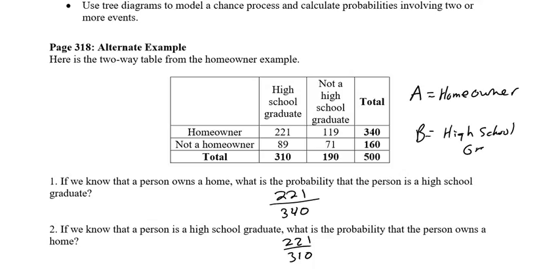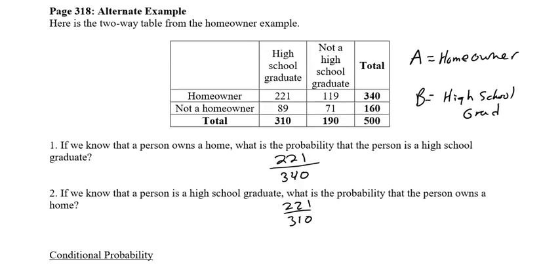Here we calculated the probability if we know they own a home. We could calculate the probability of A, which we did before. The probability they're a homeowner is 340 out of 500, and the probability that they're a high school graduate is 310 out of 500 from this table. We've done things like that before.